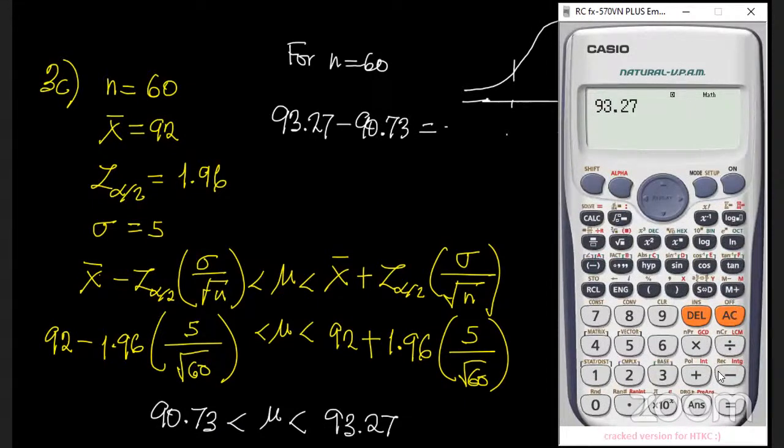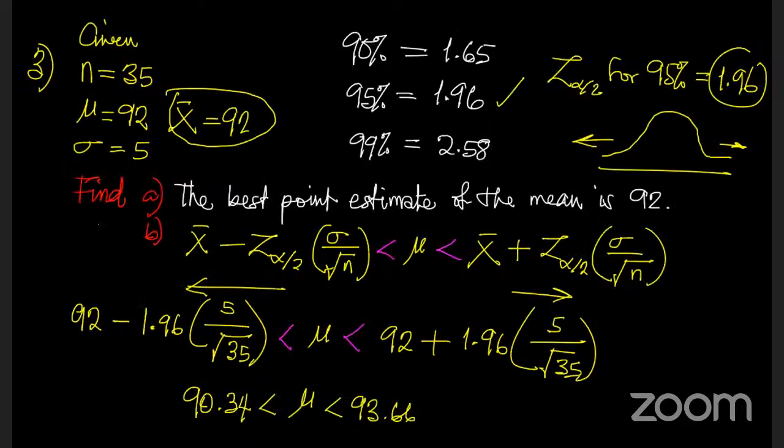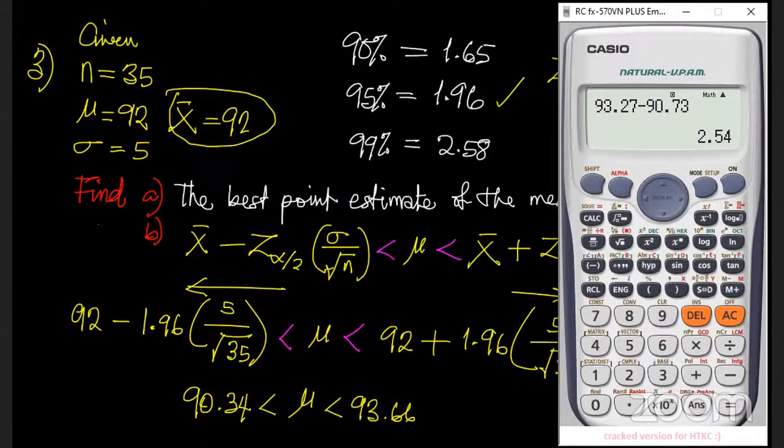That is 2.54. For the other one, what did we get? We had 90.34 and 93.66.